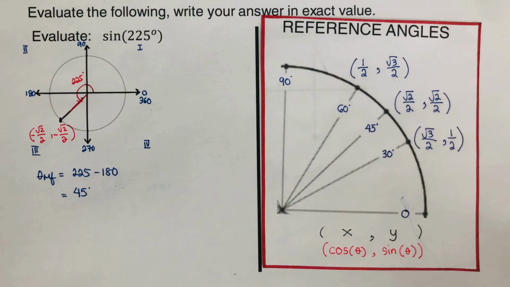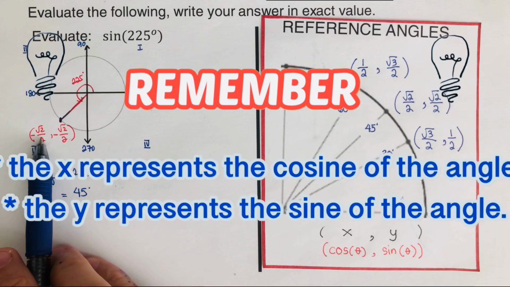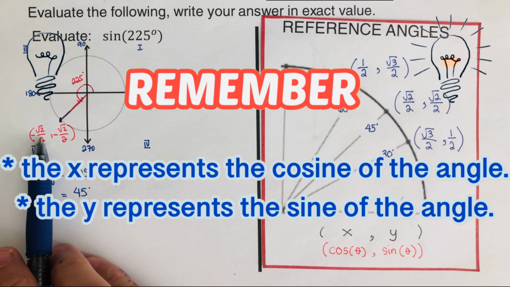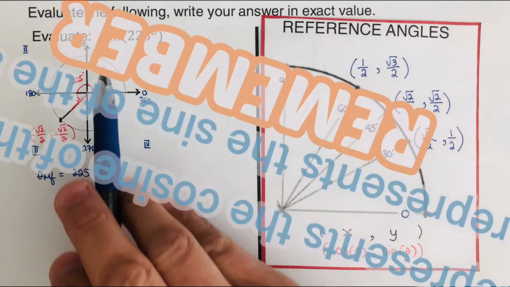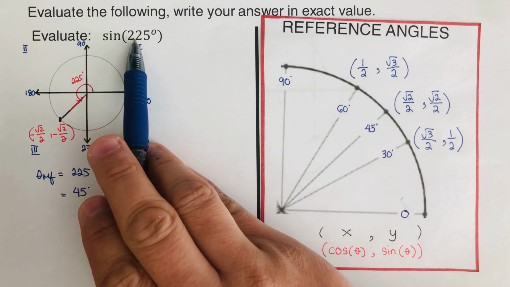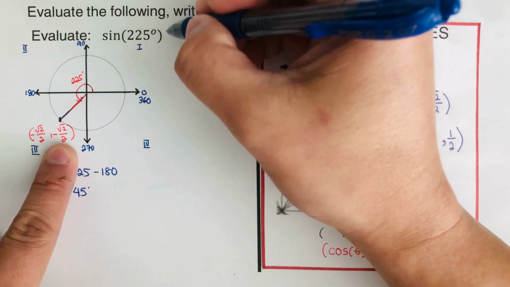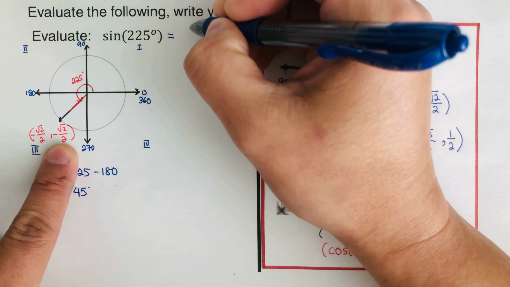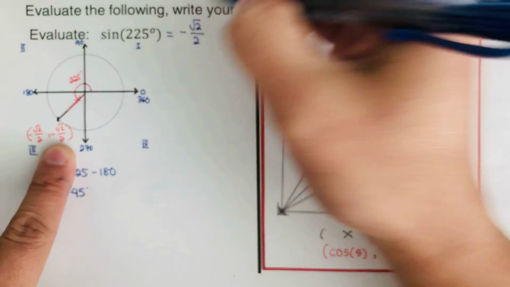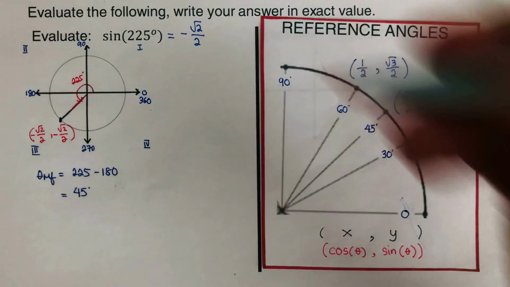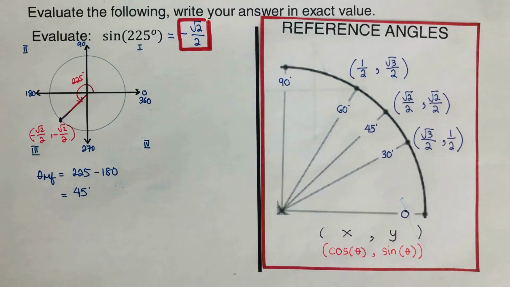Remember that this x value represents the cosine of the angle, and this y value represents the sine of the angle. Since we're looking for the sine here, we are looking for the y value. So that means sine 225 is equal to negative square root of 2 over 2. So this is our value for sine 225.